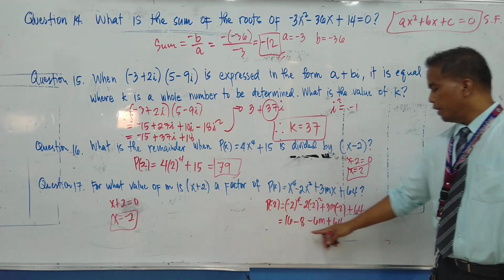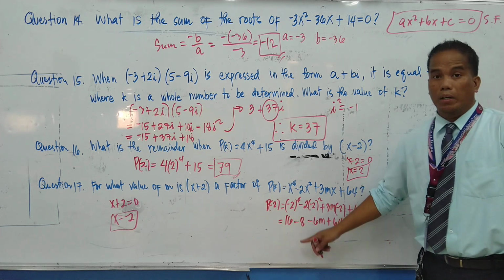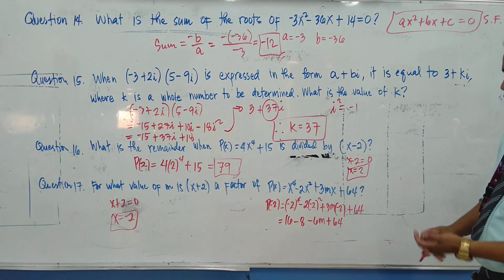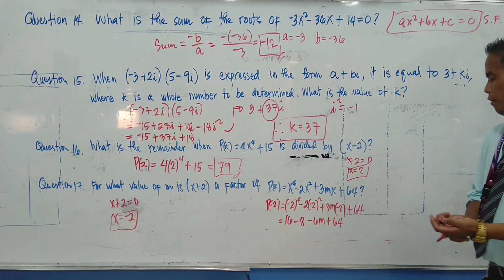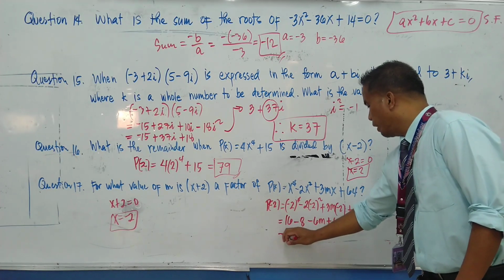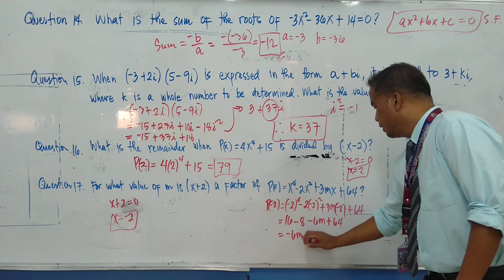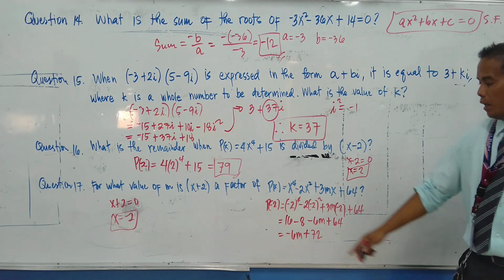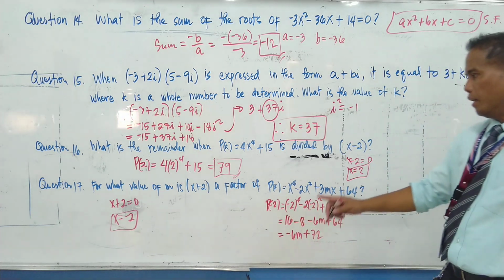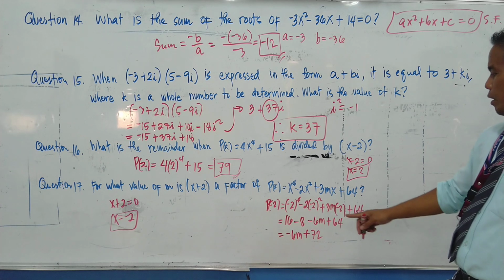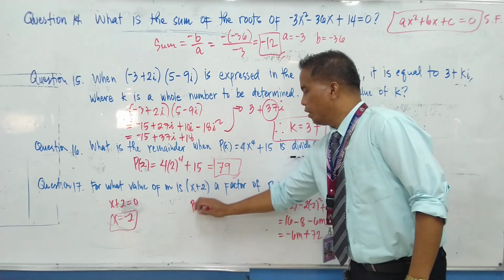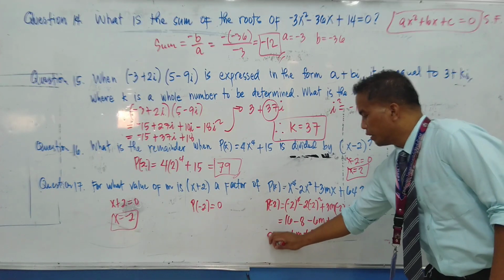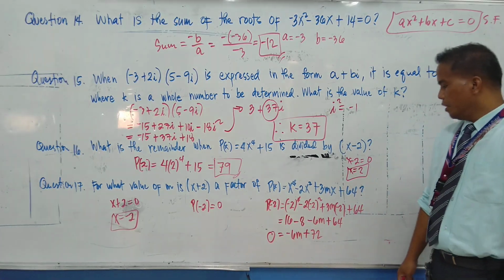Okay, then combining similar terms, 16 minus 8 equals 8. Then 8 plus 64 equals 72. So we have now negative 6m plus 72. Now, to find the value of m, we will let the P of negative 2 equal 0.